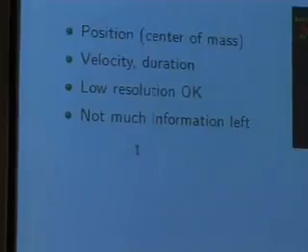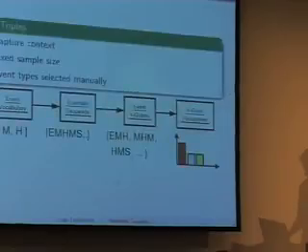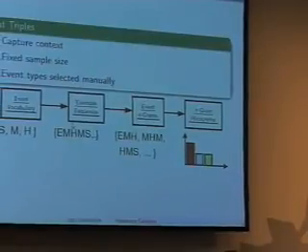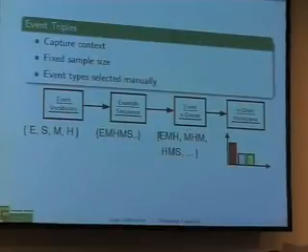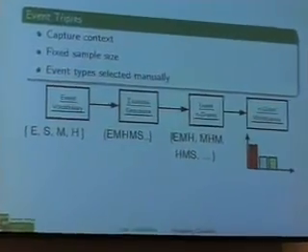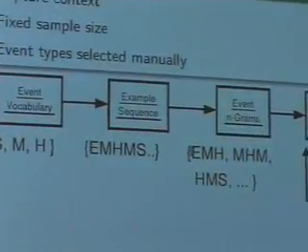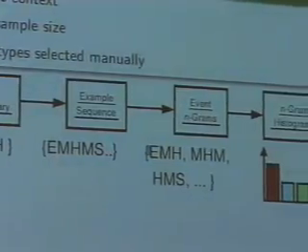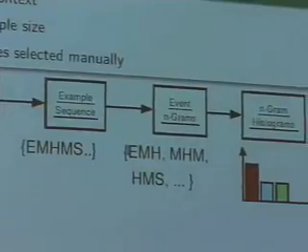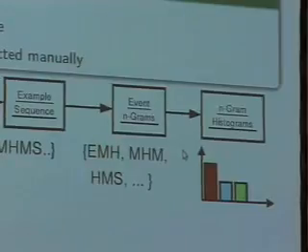And if you go back to this example, you have E, M, H, M, S. And then you take this in threes, always three events together, to give you a little bit of context. You have a current action, you have the action that went on before, and you have the event that happened afterwards. And then you just count and compare this to your examples, and you have the event categorization for your examples.